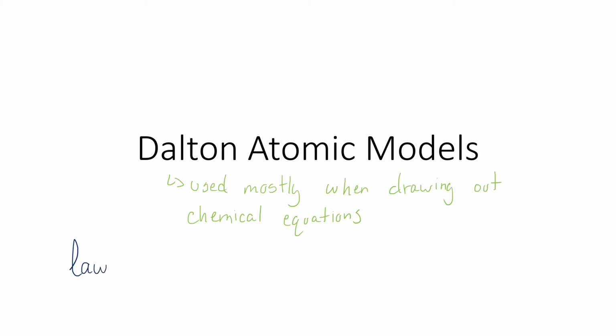Now, Dalton models are particularly useful when we are doing chemical equations, and we would see mostly Dalton atomic models when we're drawing out chemical equations. This is particularly useful when showing chemical equations in the context of the law of conservation of mass.